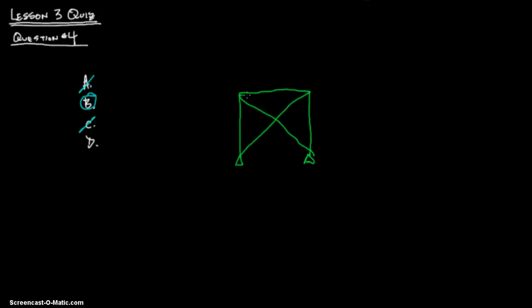If you think about it, you only need one of these. This is a redundant member, or this could be a redundant member. You only need one of those to make triangles, and therefore that's why I think B is the best.